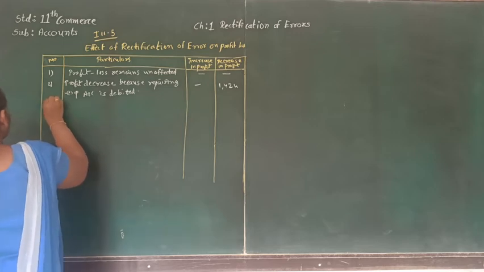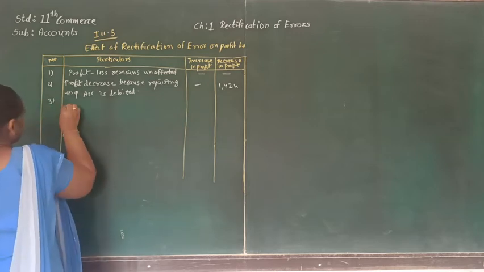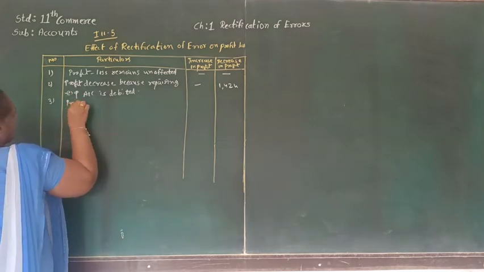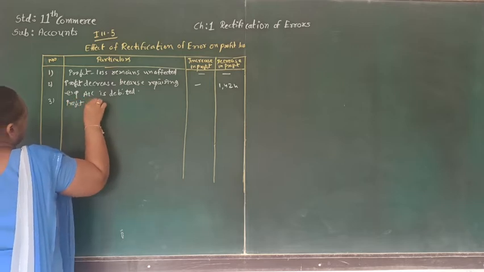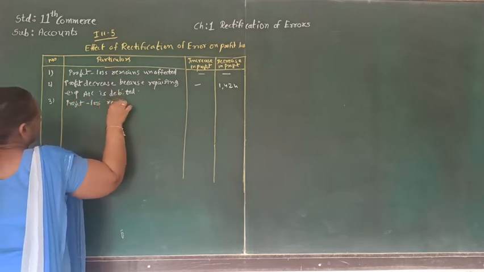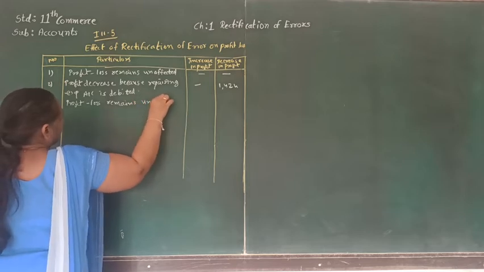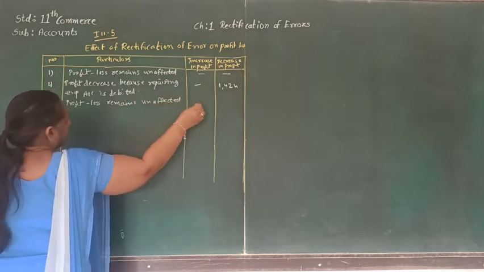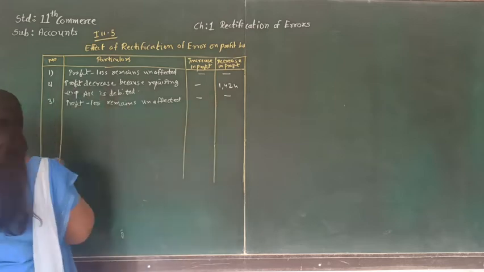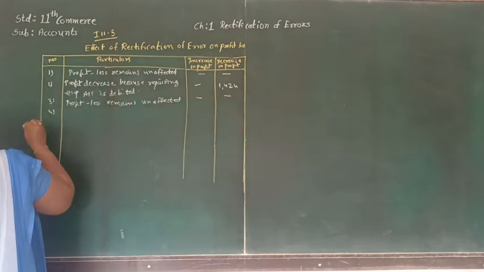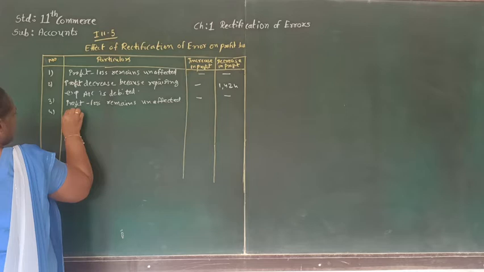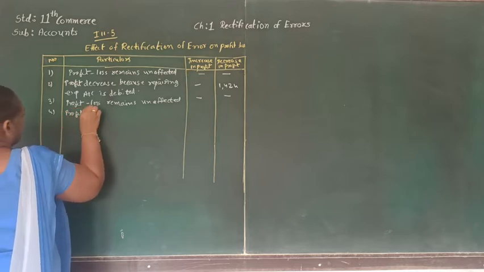Now let's see the third transaction. For the third transaction, profit and loss remain unaffected. For the fourth transaction also, profit and loss remain unaffected.